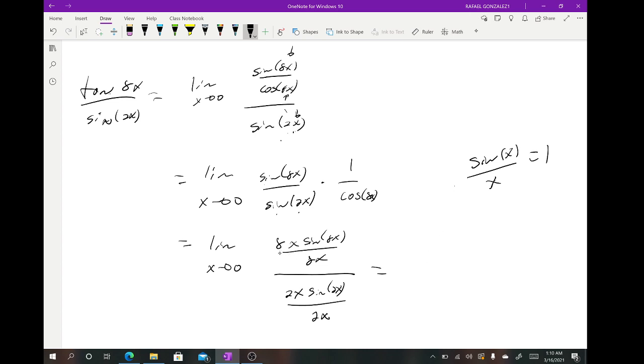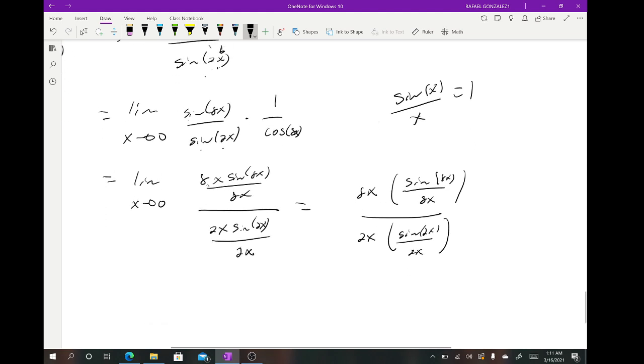We could pull out an 8x, and then what I will have is sine of 8x over 8x. And then in the bottom I have 2x times sine of 2x over 2x.